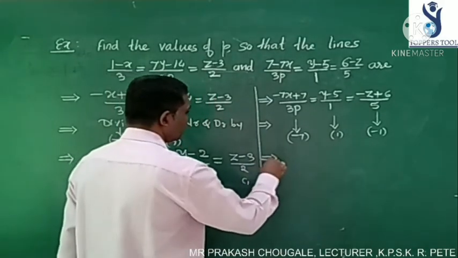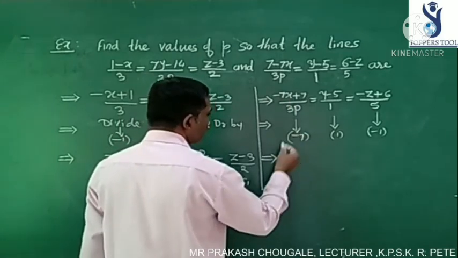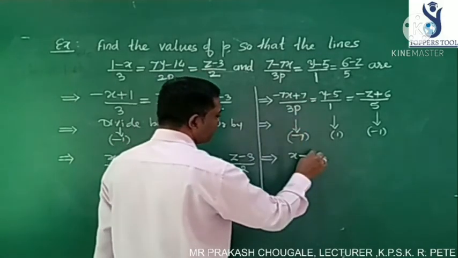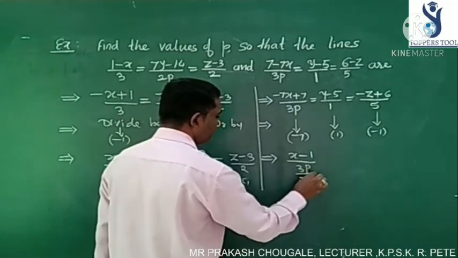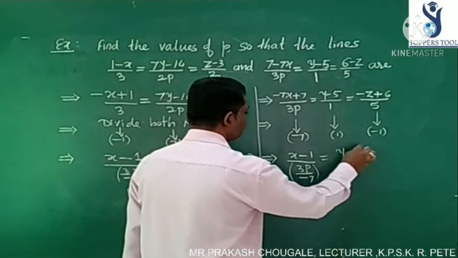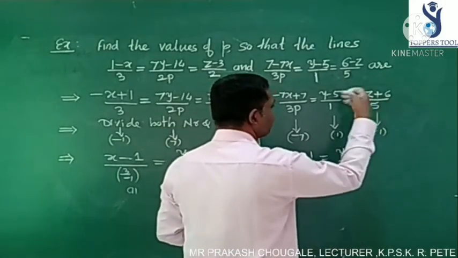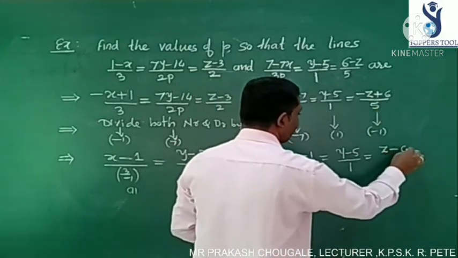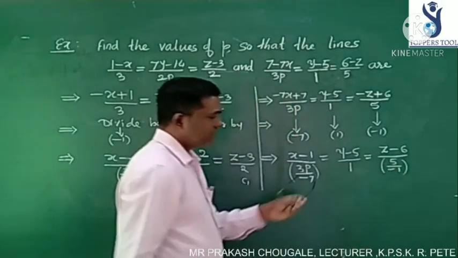So minus 7 by minus 7 is 1, so you will get x. 7 by minus 7, the 7s get cancelled, you are left with minus 1 divided by 3p by minus 7. Here y as it is. Dividing by minus 1 you will get z; 6 divided by minus 1 gives minus 6. So you will come up with this.